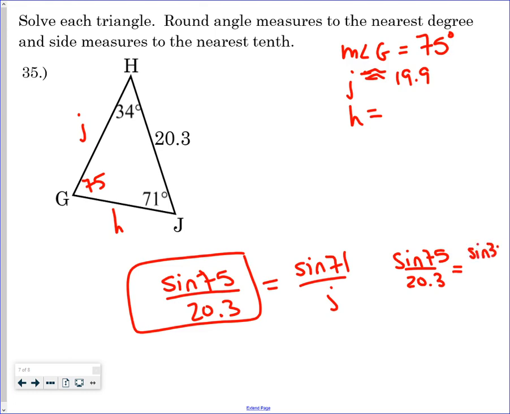Sine of 34 over H. So you're going to take this times this, hit the equals, divide by this, hit the equals, nearest tenth. You guys tell me when you get it. I got 11.8. Take your time, plug it in, ask a question.